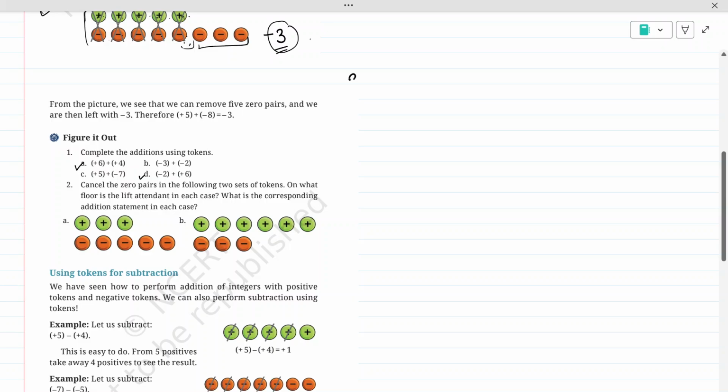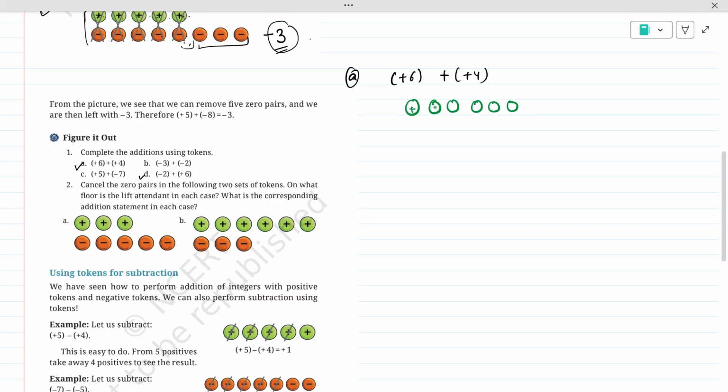In A part, what we have is plus 6 coins, and we are adding 4 coins. Plus 6 means we have green positive coins, 1, 2, 3, 4, 5, 6.